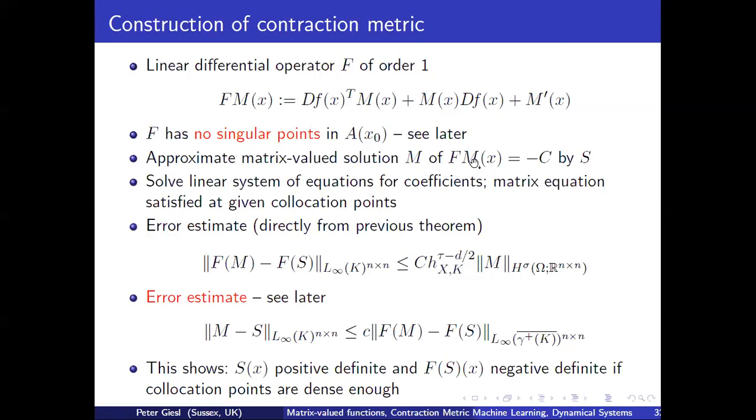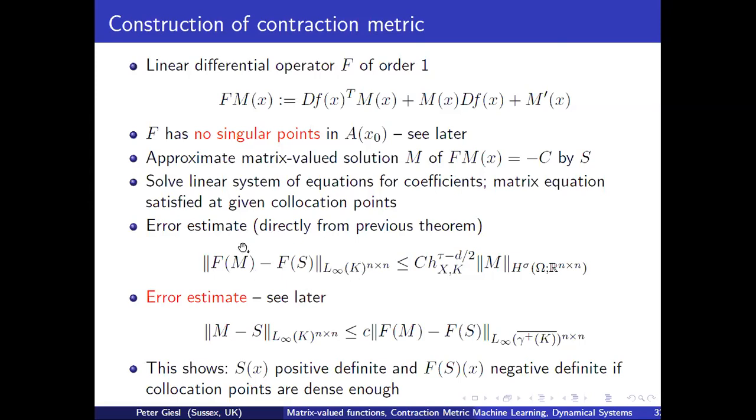And we know already that to practically do this, we just need to set up a system of linear equations for the coefficients, solve that, and thus find the optimal recovery of this problem, given a certain amount of collocation points. And we know the matrix equation will be satisfied exactly at the collocation points, and everywhere else in K we have these error estimates.